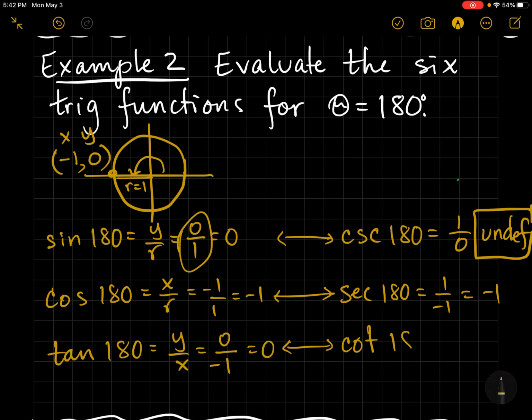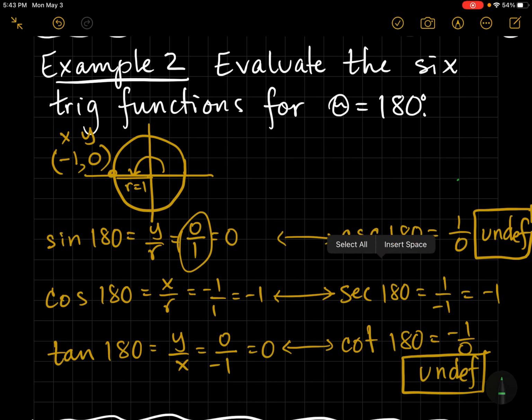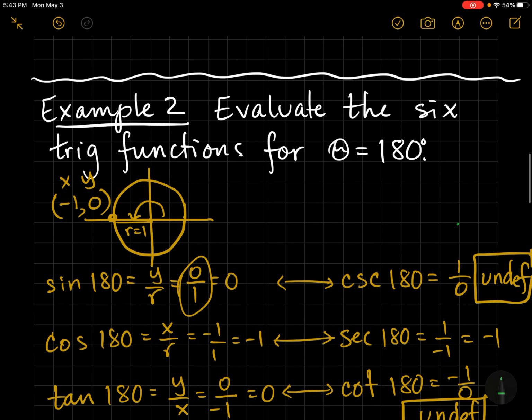And for the cotangent of 180, we get negative 1 over 0, which again is undefined. So we've got to be careful about dividing by 0. This happens sometimes, and later when we do the graphs, you'll see that those will be asymptotes.